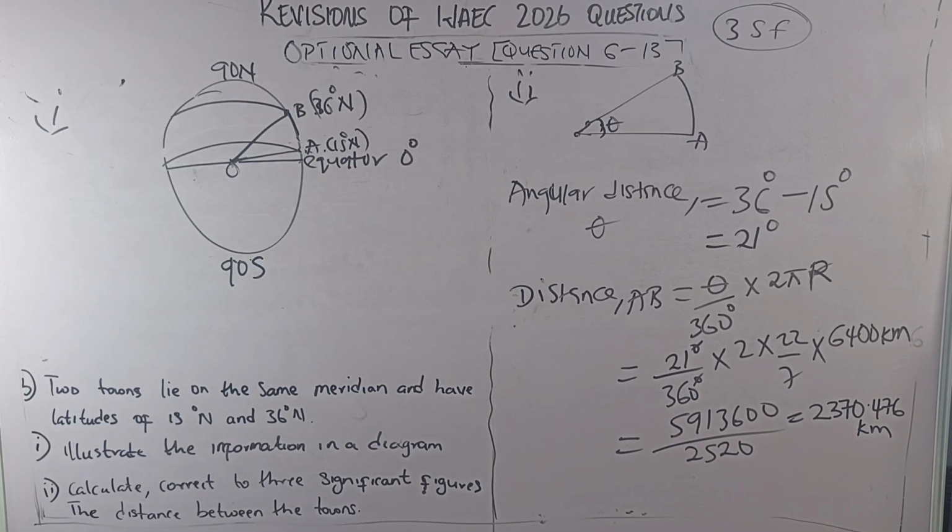But the question says to 3 significant figures. So 3 significant figures simply means they want us to have 3 real values. That simply gives me 2, 3, 7. Since there is nothing to add up, I have 0.476. 3 significant figures. 2370 as my answer. Put my kilometers. So let's verify.